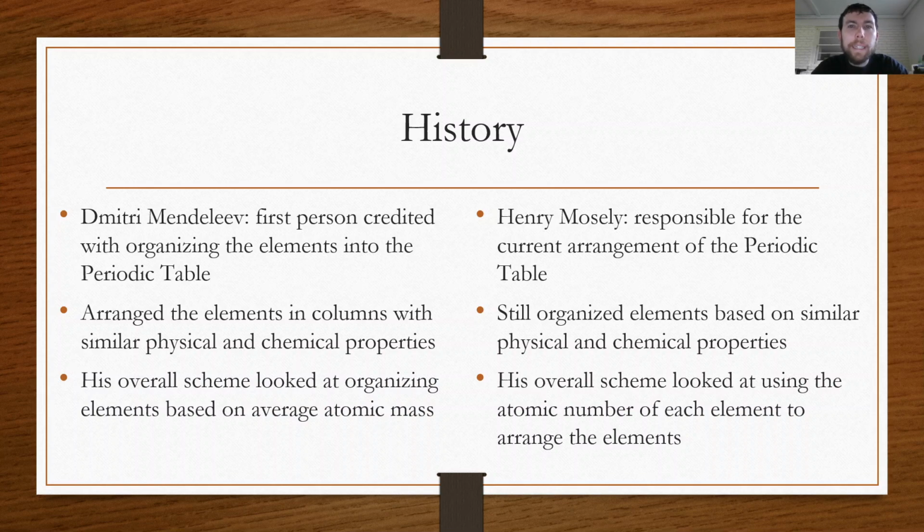Just like Mendeleev, he arranged elements and organized them on the periodic table based on those similar physical and chemical properties. That didn't change, but instead of looking at the average atomic mass for an element and using that as the arrangement order, he looked at the atomic number. He used Z, which is that number of protons, to help arrange the elements on the periodic table.